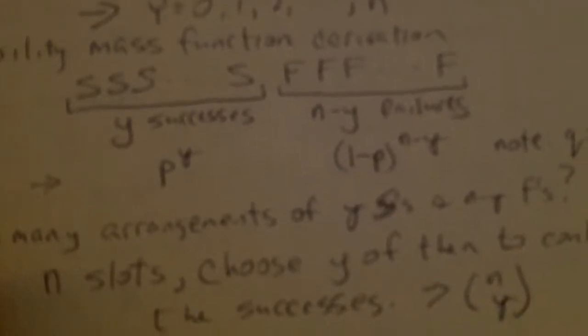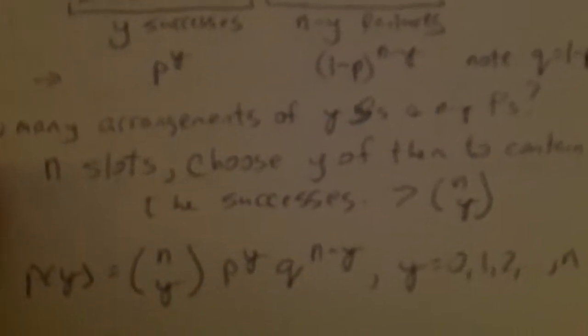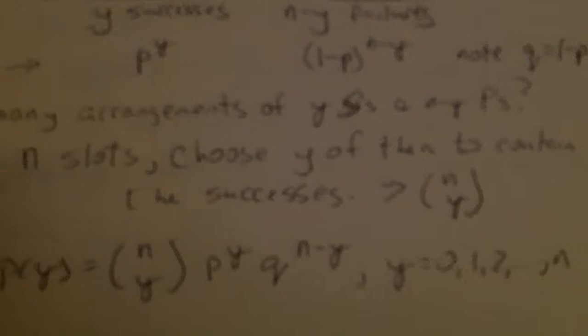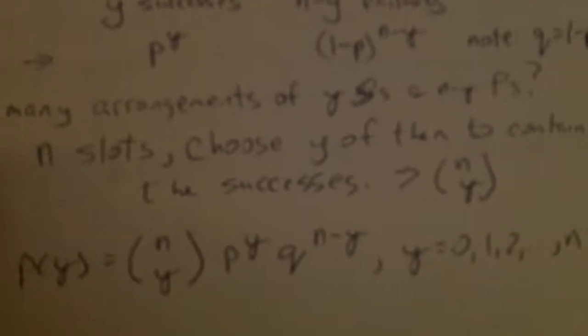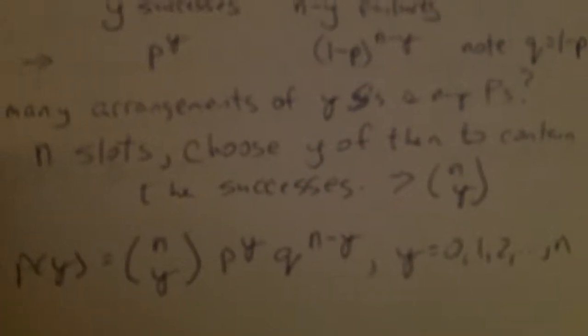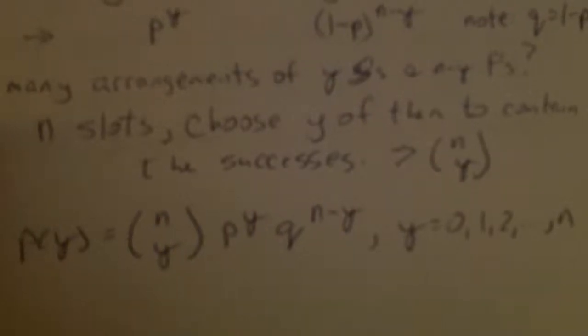Like I said, that's one arrangement where we have all the successes followed by all of the failures, but that's not the only possible arrangement. So we have to count how many of those exist. The easiest way to think about this is that there are n trials. If you were to write down n slots, each slot getting either an S or an F, the question is how many different ways could we place the S's?